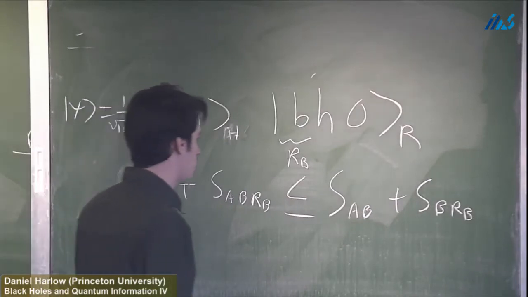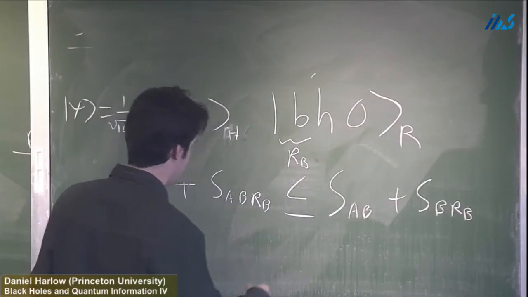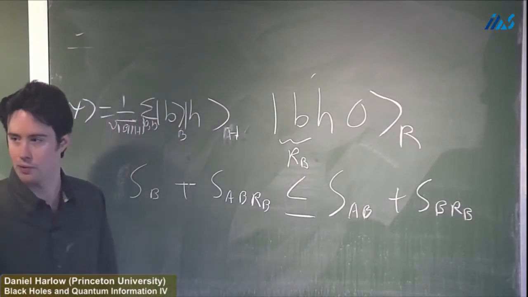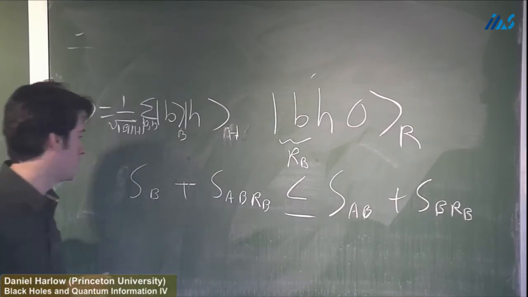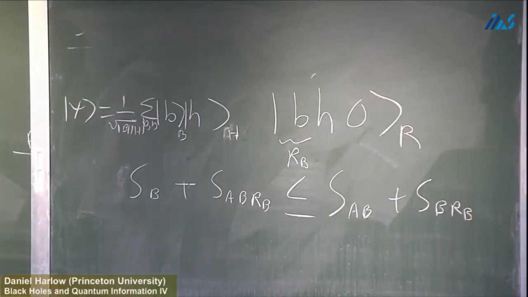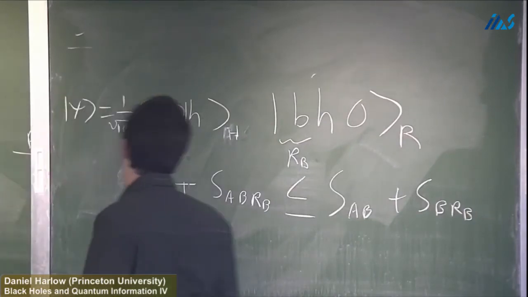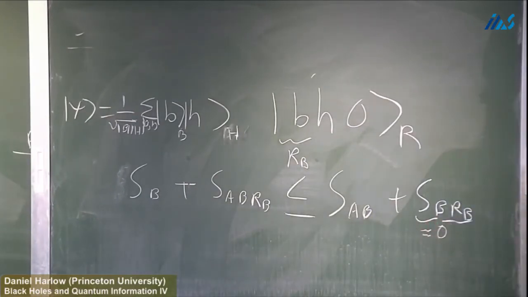Now we can use some more fun information theoretic tricks, and the intermediate steps I also asked you to check on the homework in case you haven't seen this kind of thing before, although I guess most of you have. So first of all, let's assume that there's unitarity, because we decided 20 minutes ago that because of AdS/CFT and string theory the evaporation has to be unitary. So then B is entangled with R_B, and that means S_{BR_B} is close to 0. Let's just say it's 0.